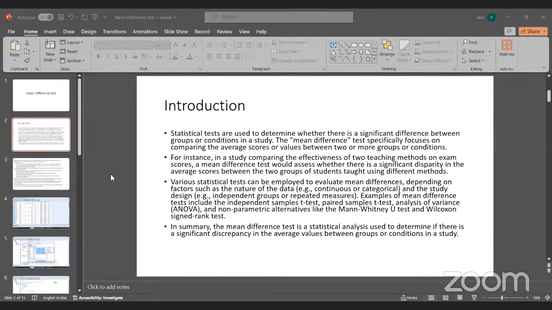sometimes our tendency will be to examine whether there is any significant difference between the two groups or between the two different conditions. Sometimes we have this type of question. For example, I have given you the questionnaire-based data.